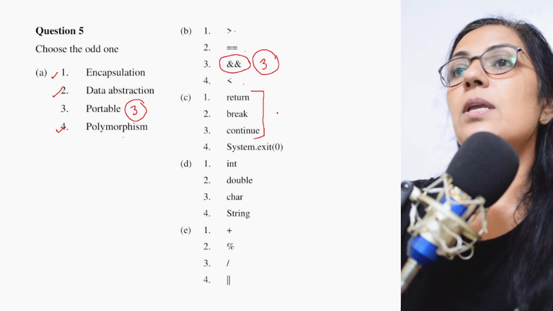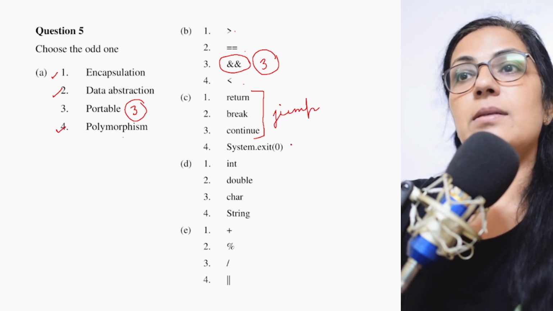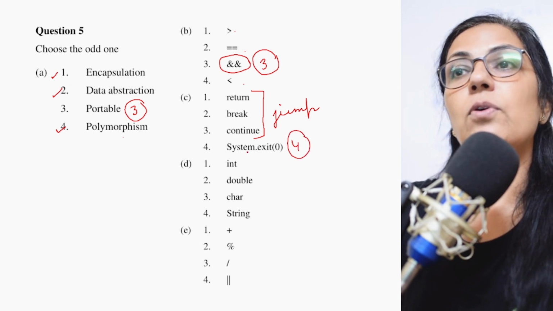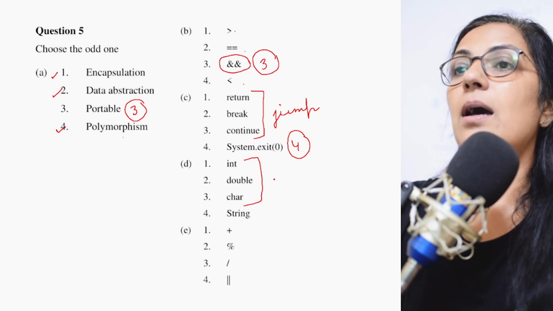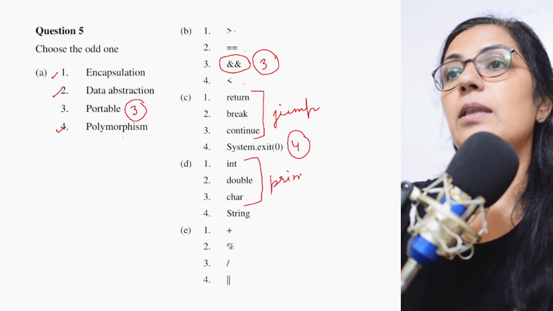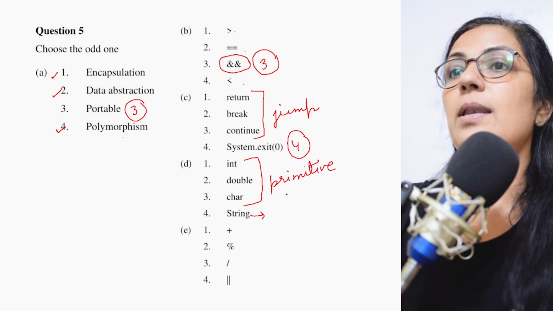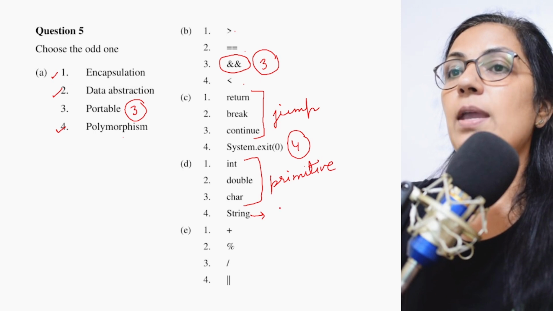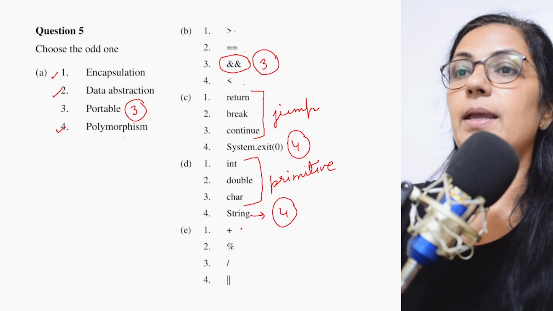So these 3 are the jump statements in Java and the correct answer is 4. This is odd one. Then you have int, double, char. These 3 are primitive type values and string is not related to this. So we have answer 4 as the correct answer, right?